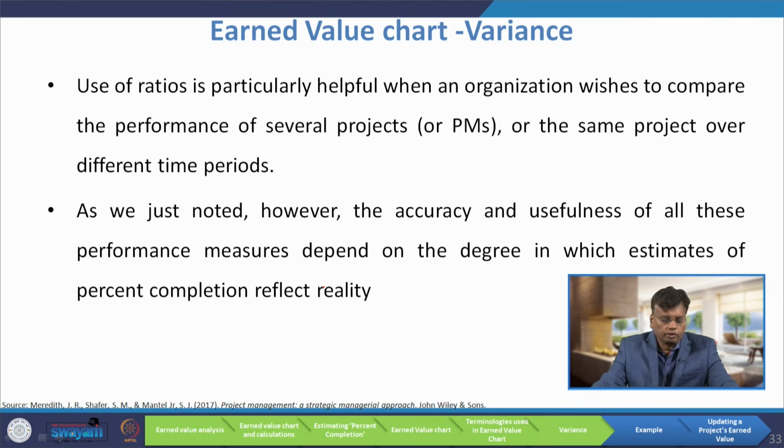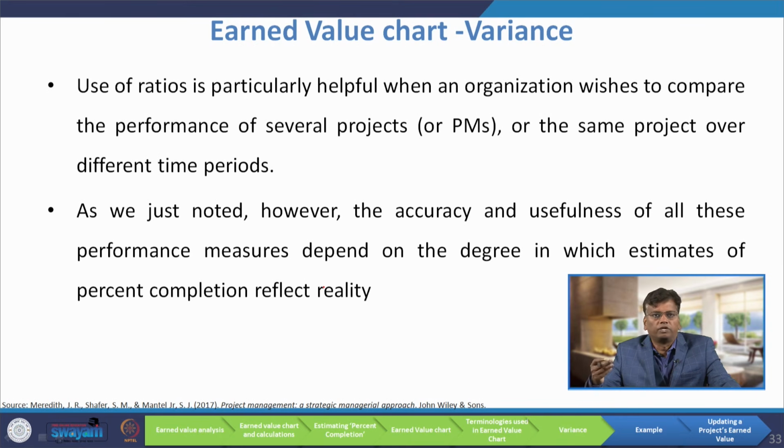Use of ratios is particularly helpful when an organization wishes to compare the performance of several projects, or project managers, or the same project over different time periods, because it is in terms of percentage and easy to compare. As we just noted, however, the accuracy and usefulness of all these performance measures depends on the degree to which estimates of percent completion reflect reality.